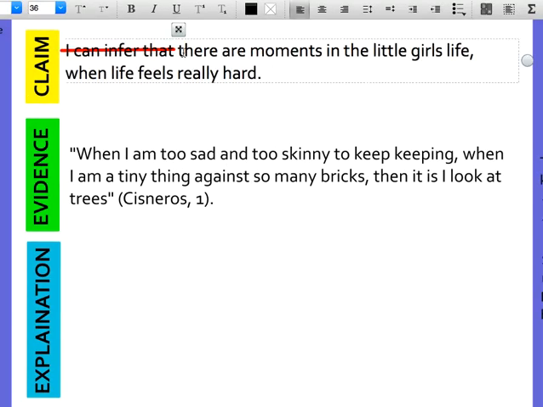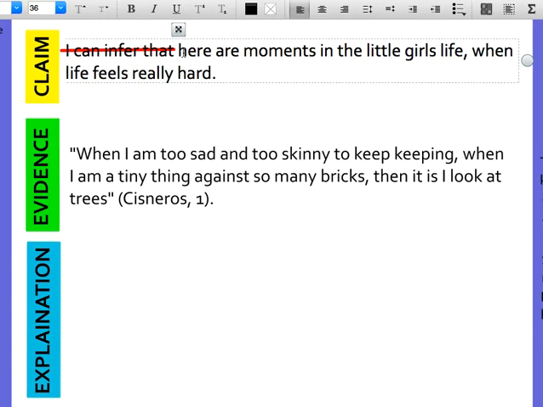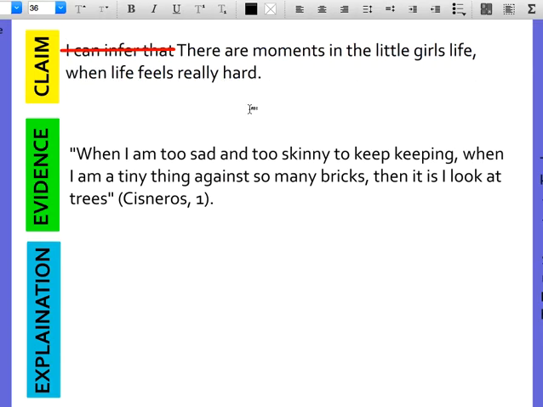So I'm making it a sentence. So my claim statement now is that there are moments in the little girl's life when life feels really hard. So my job today is to make sure that I prove to you that this is true about this little girl.